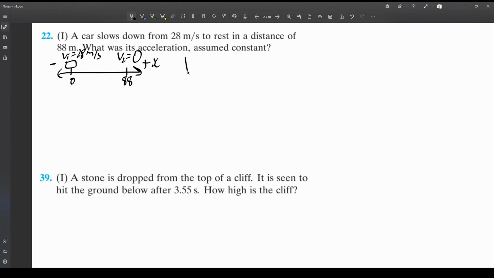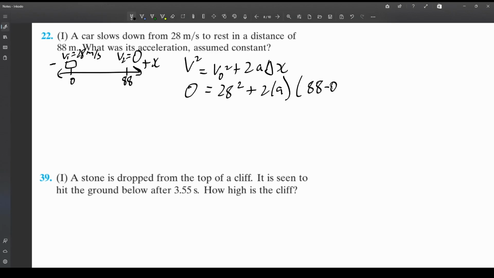So what you can do is v squared is equal to v naught squared plus 2a delta x, and we can just plug in our values. So v squared is 0 because that's your final velocity, which is equal to v naught squared, which is 28 squared, plus 2 times a times delta x, which in this case is 88 minus 0, which is just 88.